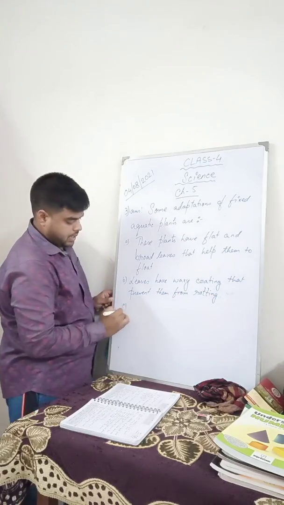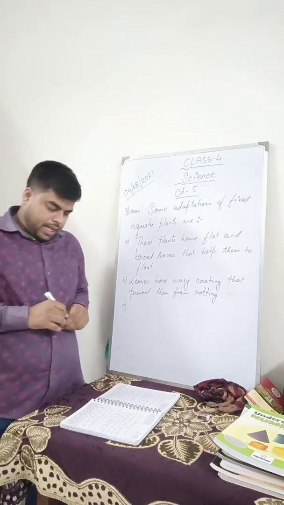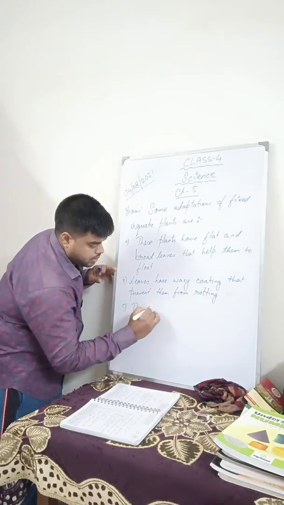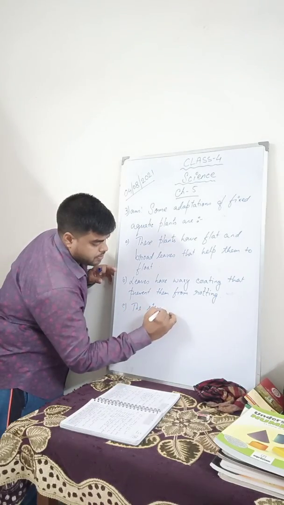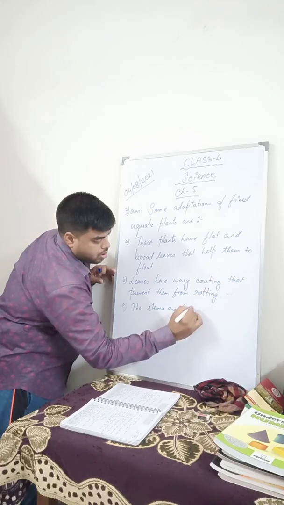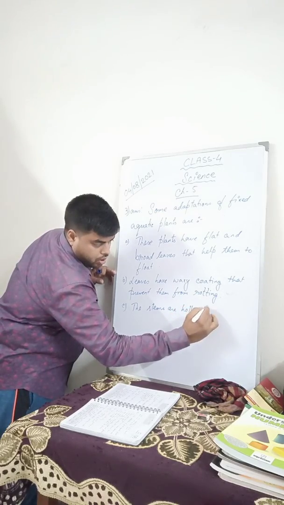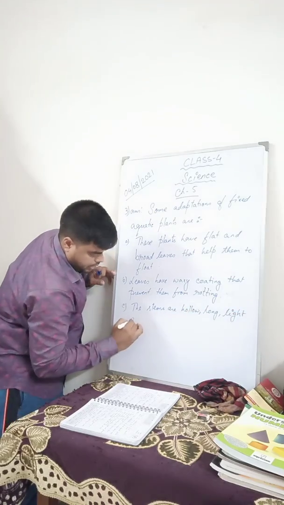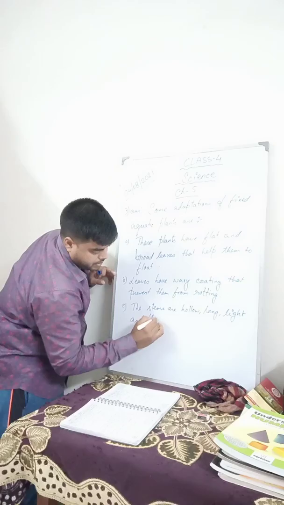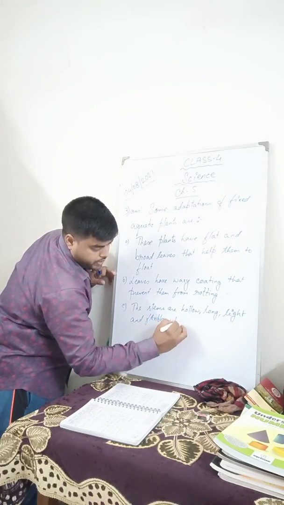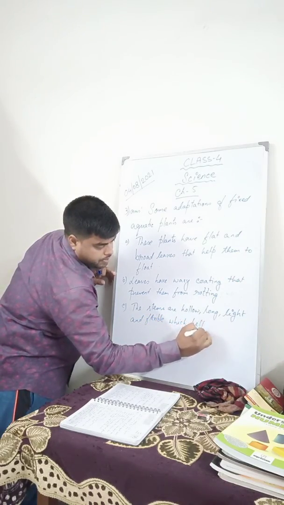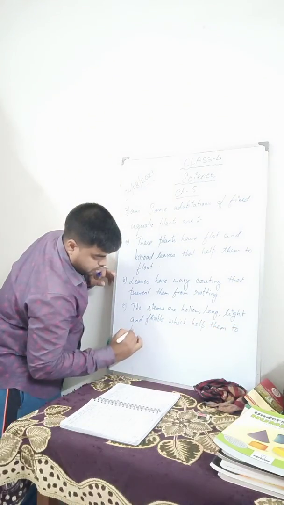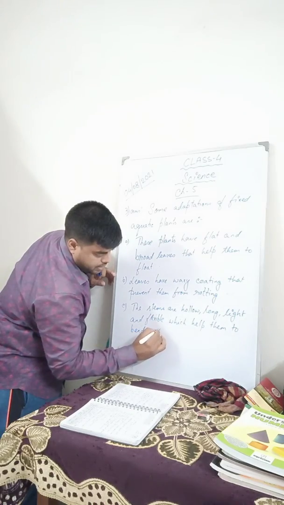Number C, the stems of these fixed aquatic plants are hollow, long, light and flexible, which help them to bend easily.